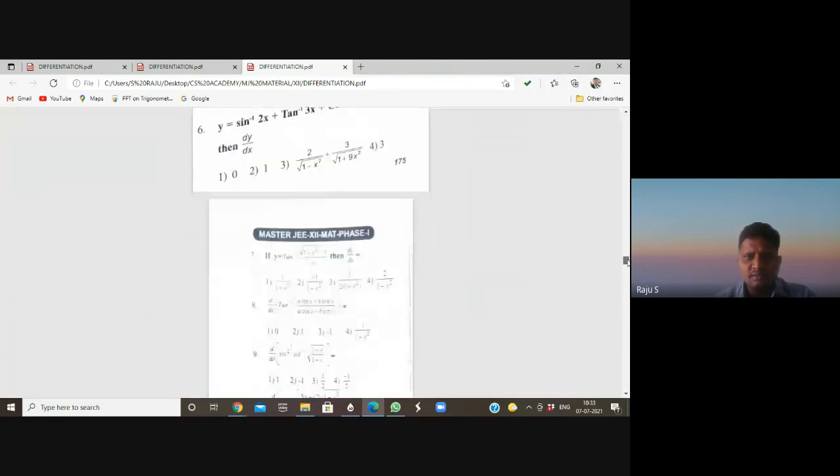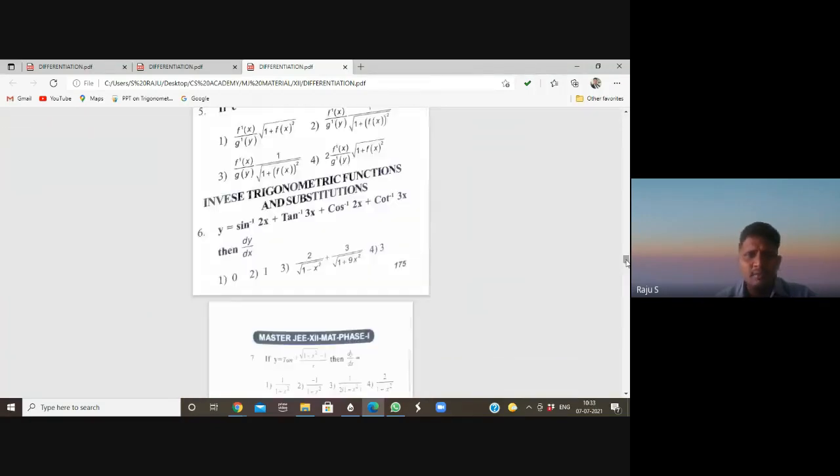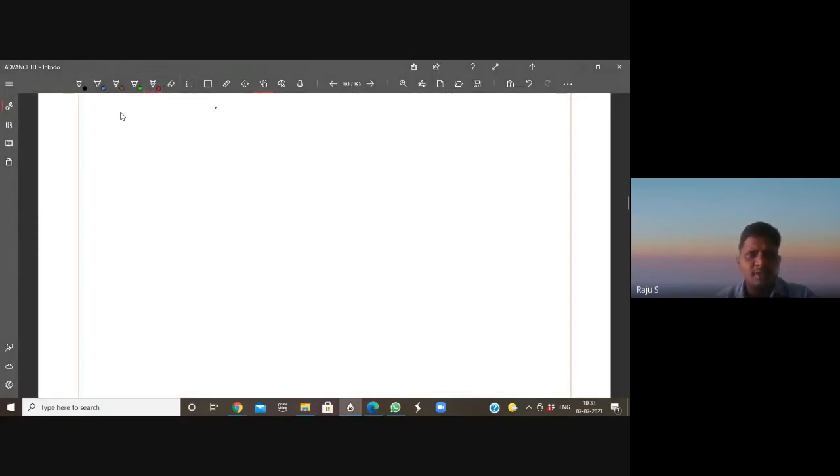There are differentiations here, and a few formulas you actually need to remember. For example, sometimes they may apply the UV rule. For example, d by dx of sine power nx into sine of nx. The power is the same and the coefficient of x is the same: n, n, n, n.